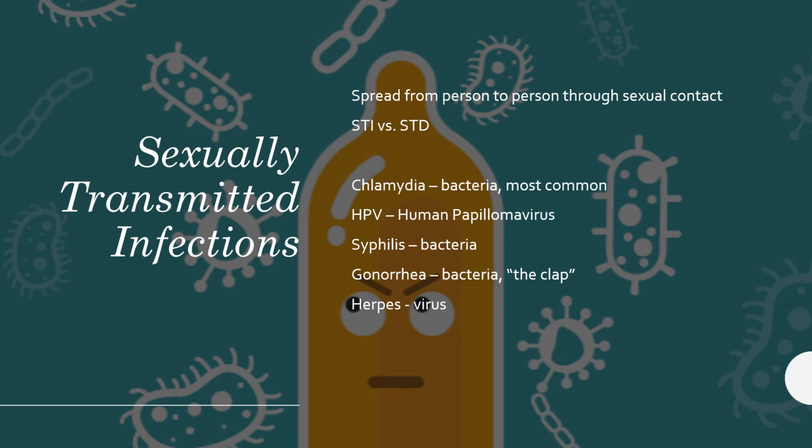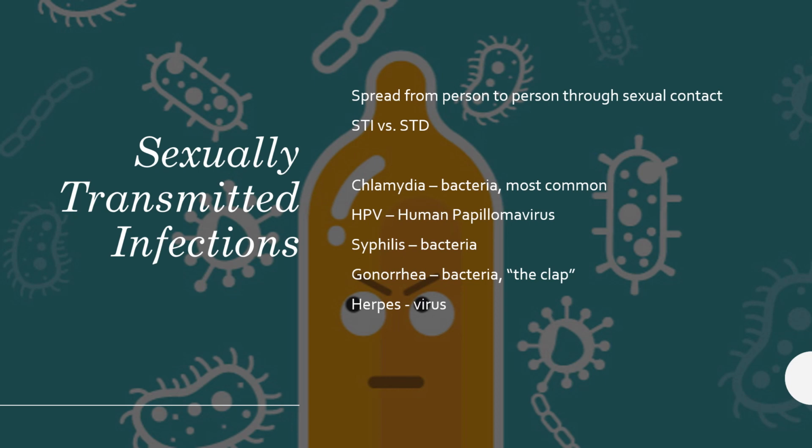Next is herpes. This is a virus, and there are two main strains, both of them transmitted sexually. There is HSV1, which is oral herpes, or basically cold sores. It can spread to the genitals from one person's mouth to another person's genitals during oral sex, which presents as genital herpes.